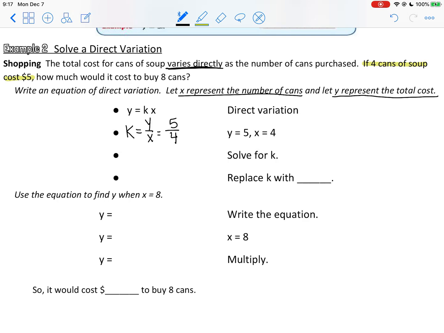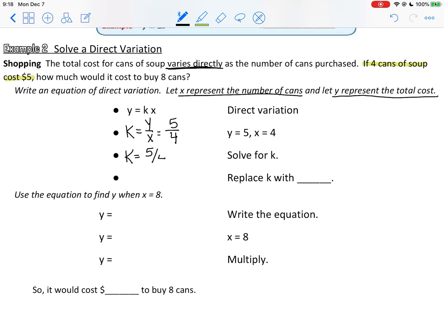And so I can leave it like that, or I can go on and divide it out. So 5 divided by 4 would be 1.25. Or we could leave it as 5/4, or we could leave it as 1 1/4. Most of the time when we're working with these situations, we do want to leave it as an improper fraction.